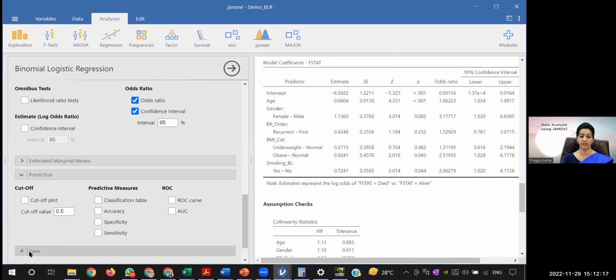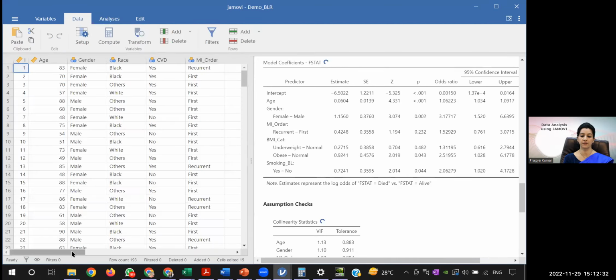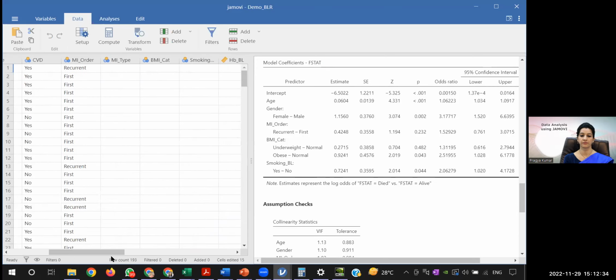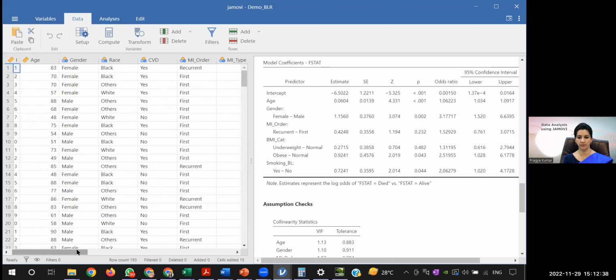And then in the save option, if you want a column of predicted values and residuals, you can click that. If you click that predicted value and residual, you can see in your data set that another variable will appear here. Okay, it is not happening, maybe.